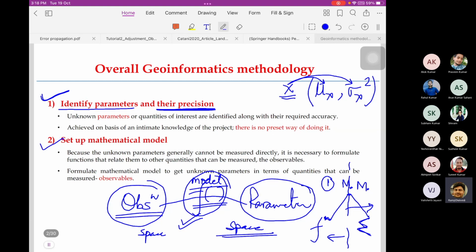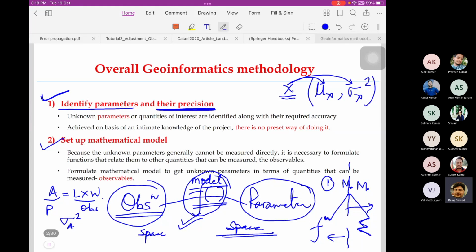So let's say you have estimated the area using length and width, which are your so-called primary observables. These are your observables, this is your parameter, and you have linked it with the mathematical model. Now, the next step is what is the error? If you know the stochastic model, your job is done.